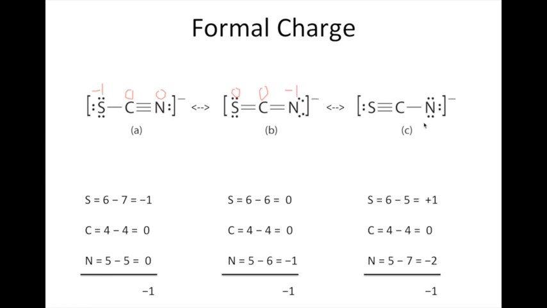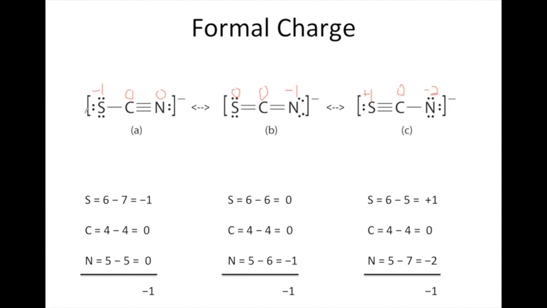And lastly, we have our sulfur, group 6, and it owns 5, so our sulfur has a +1 formal charge. The carbon has a 0 formal charge, and the nitrogen here, 1, 2, 3, 4, 5, 6, 7, it owns 7, and it has 5 valence. 5 minus 7 gives us a -2. Again, they add up to 0.